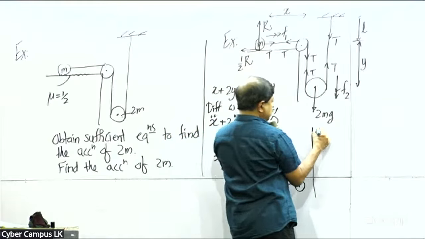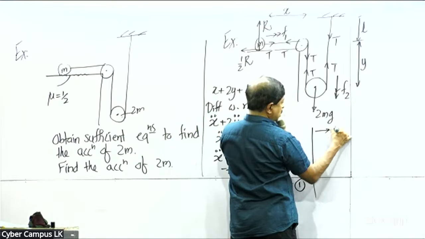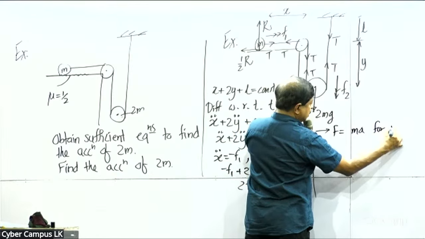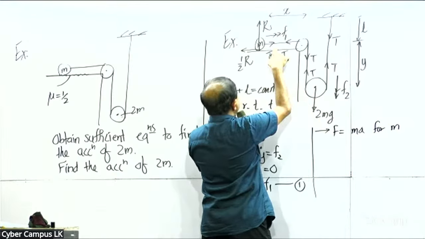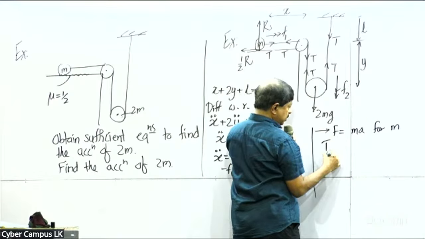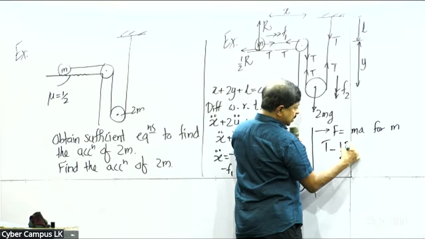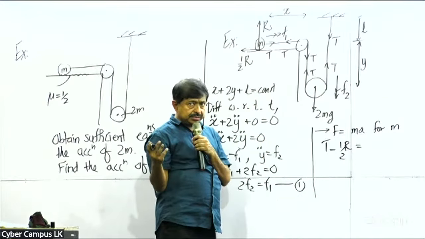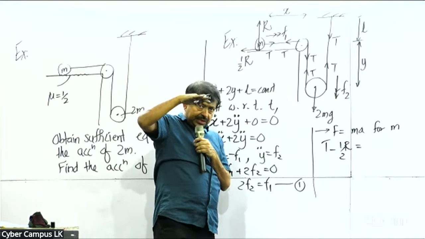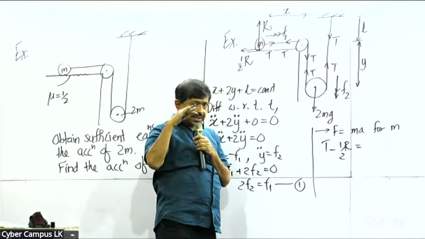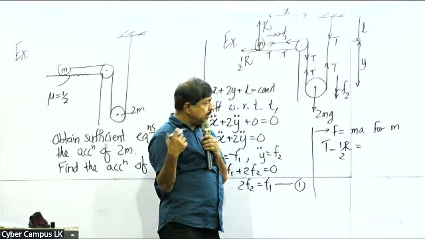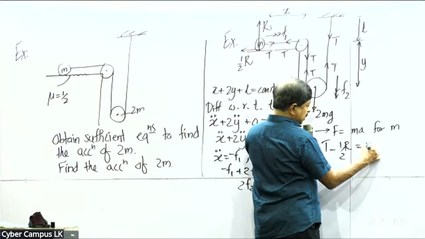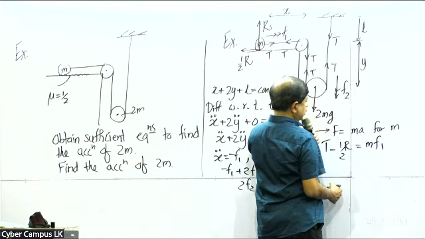Now, if you apply Newton's law this way for mass m, you have T minus half R. The same is true if there's friction involved in a wedge. Say a wedge is placed on a table, and if the table is rough, there will be friction. So again, you will encounter this situation, m times f1.